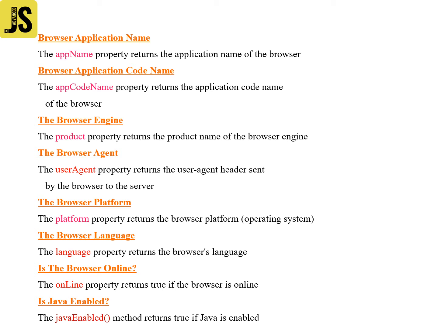So we can use the corresponding window object's appName property, then the application name of the browser will be displayed. The next is browser application code name. We have a property called appCodeName. Using the appCodeName property, it returns the application code name of the browser.